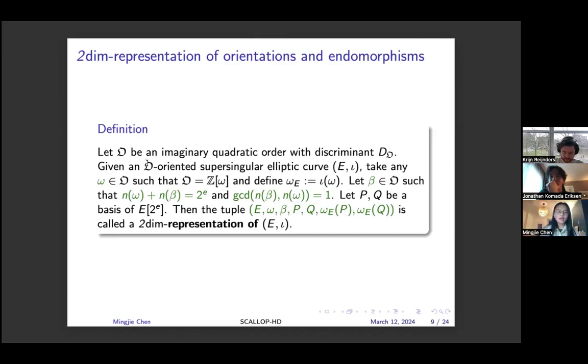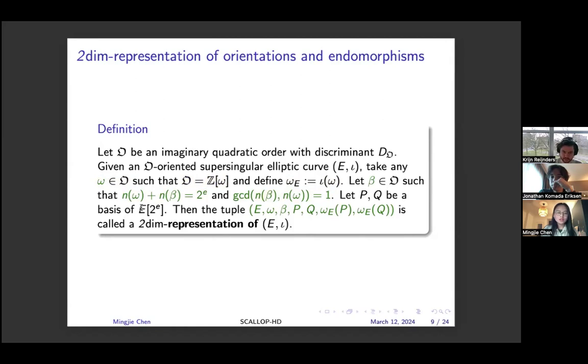Given an O-oriented supersingular elliptic curve (E, iota), take any omega in O such that O equals Z[omega], which means omega is a generator of O, and we define omega_E to be the image of omega under iota, which is now an endomorphism on E. Let beta be in O such that the norm of beta and the norm of omega sum to a 2 power, and their norms are coprime.